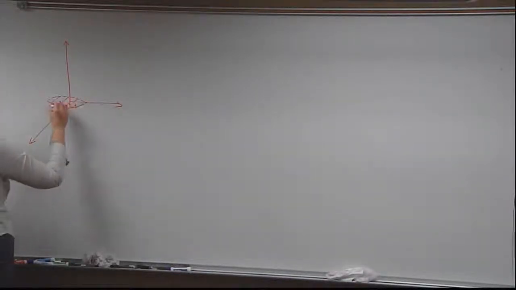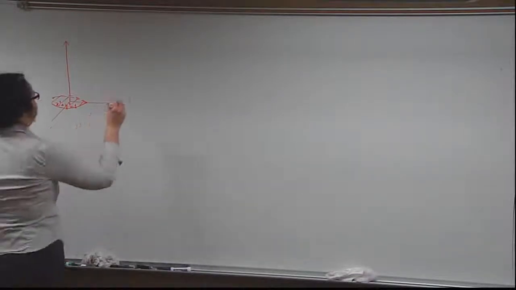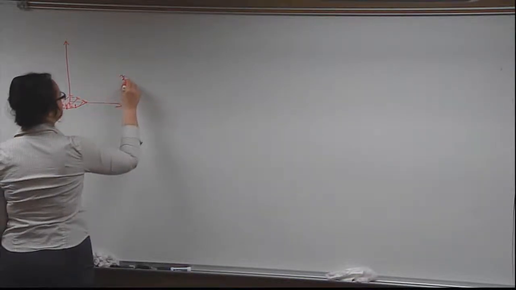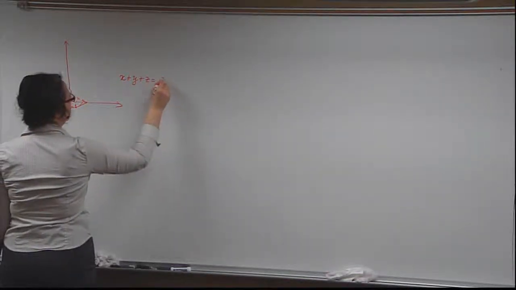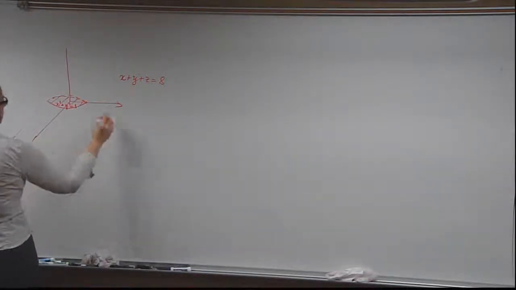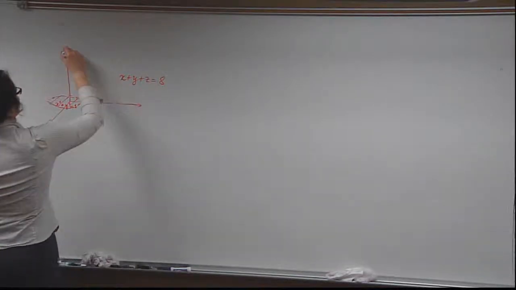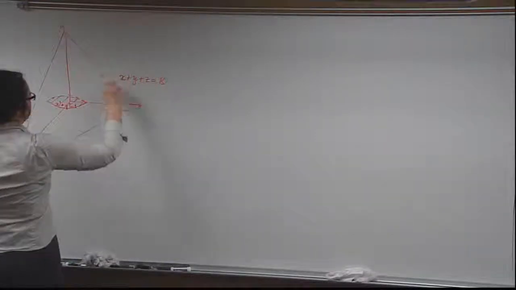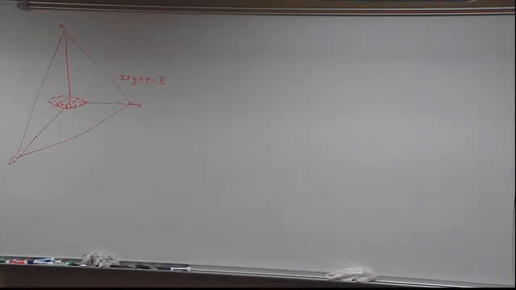That's the unit disk on the floor. And then I have the plane x plus y plus z equals 8. I'm going to draw that plane. I'll do my best. It's similar to two examples from the book, but I didn't want to repeat the ones in the book because I want you to actually read them. That's kind of the idea.